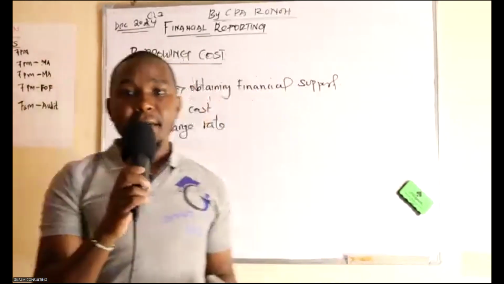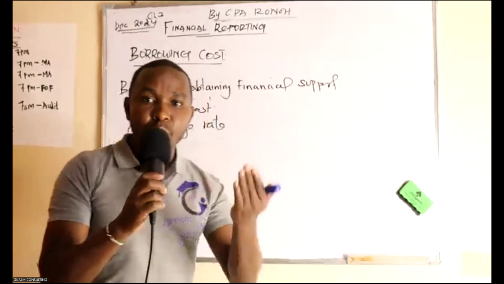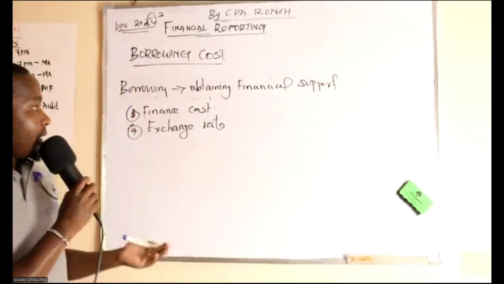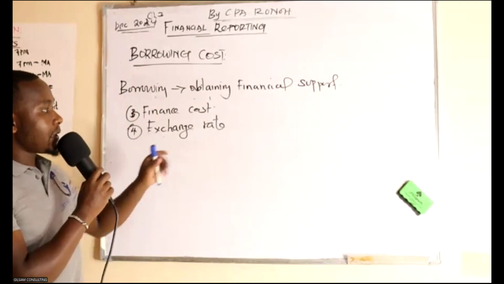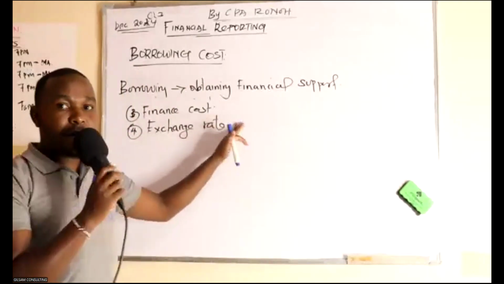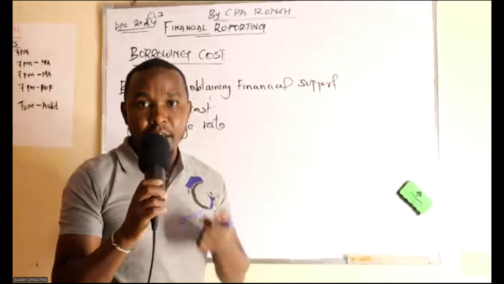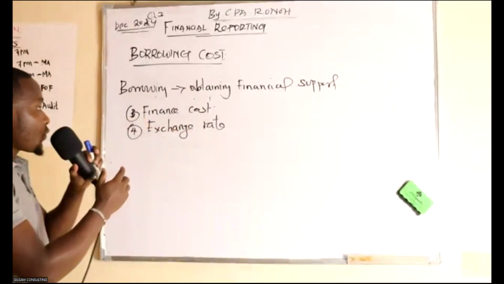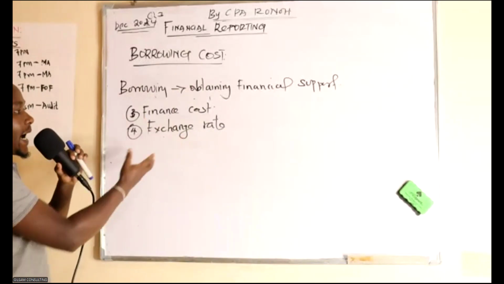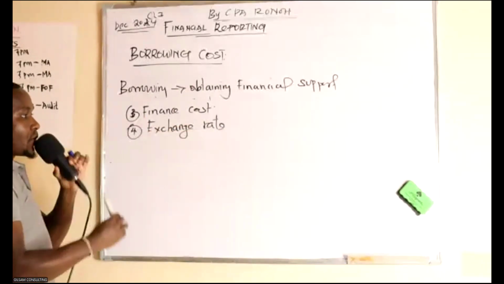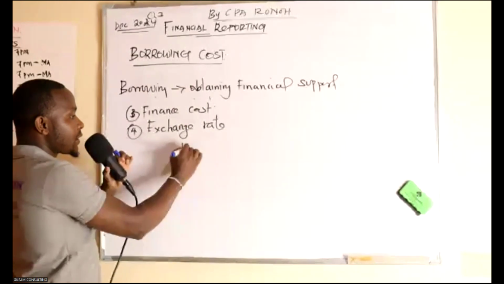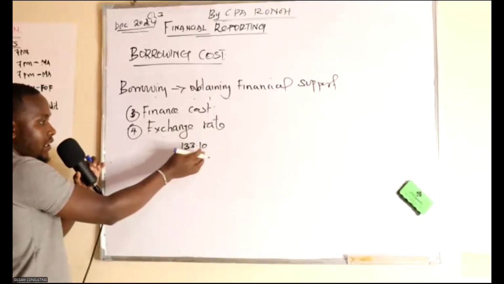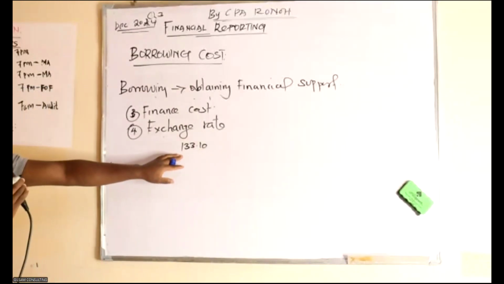So each time they source a loan from maybe Equity or Prime Bank, they might say, from that loan, can you transfer to our dollar account? If they transfer to the dollar account, they will incur an exchange rate. So maybe the current dollar rate is 1.10, 10 cents.